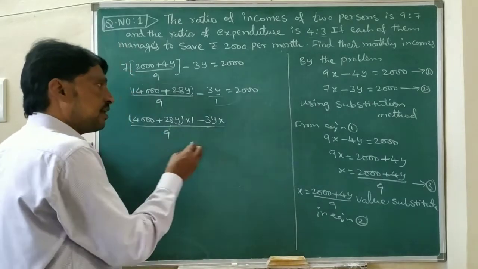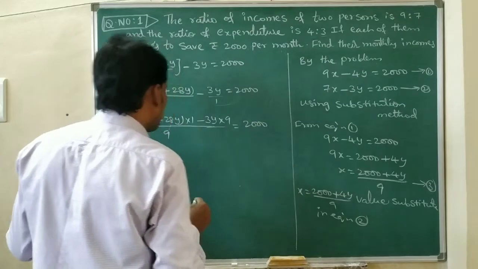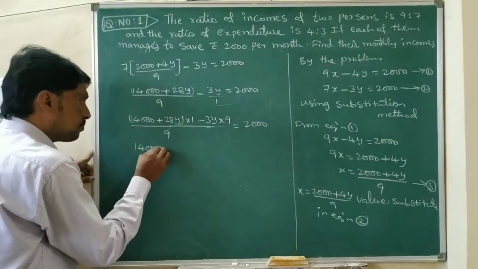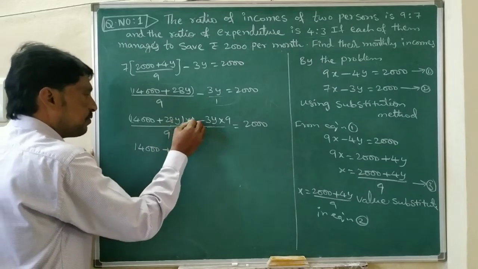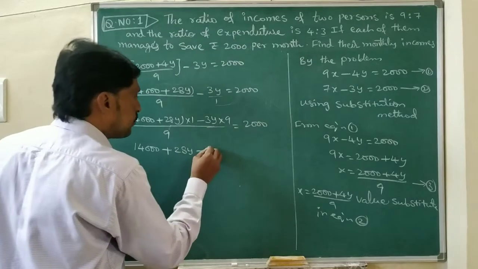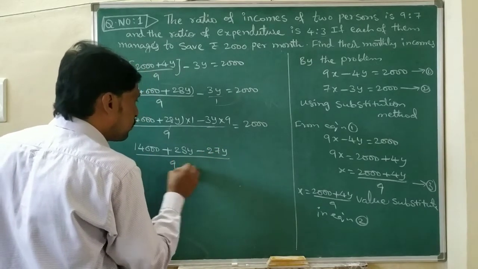So 1 times 9 we are getting 9, that equals 2000. Now 1 into something: 14,000 plus 28y into 1 is 28y minus 9 3s are 27y by 9 equal to 2000.